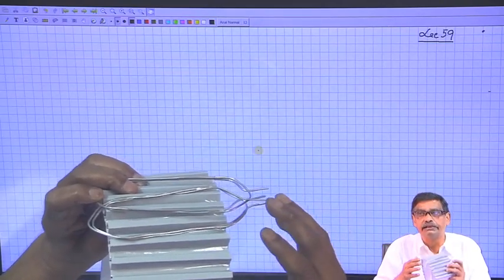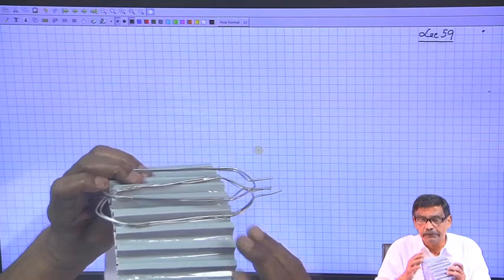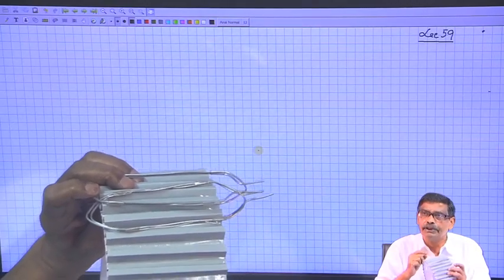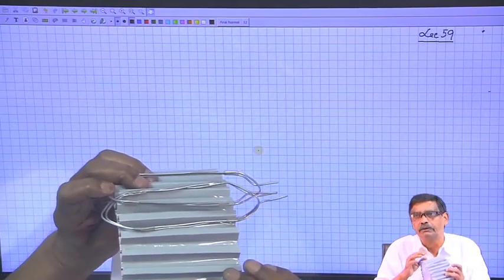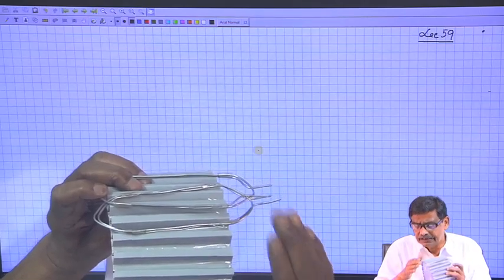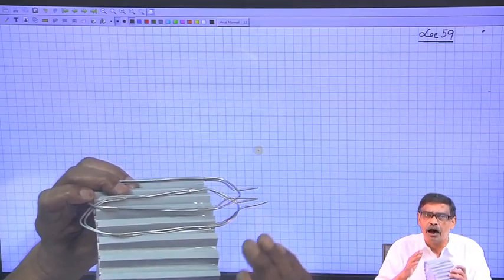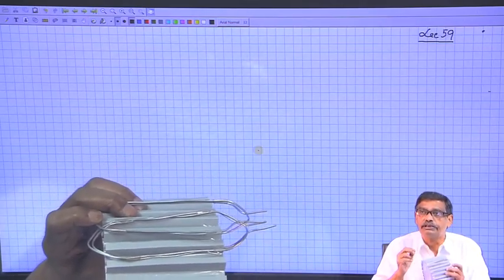Armature winding is somewhat difficult to understand compared to AC machine windings. The reason I will tell you later, because our goal will be here to produce DC.